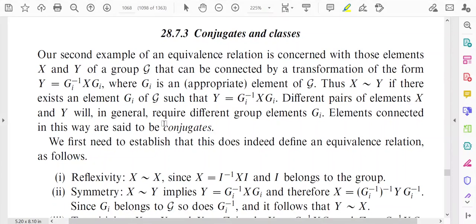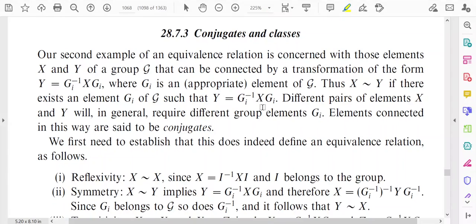Different pairs of elements x and y will in general require different group elements Gi. So when you calculate this transformation relation for different pairs of elements x and y, you will require different group elements Gi.